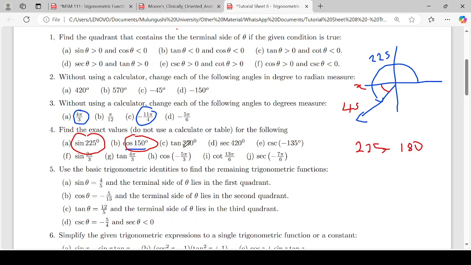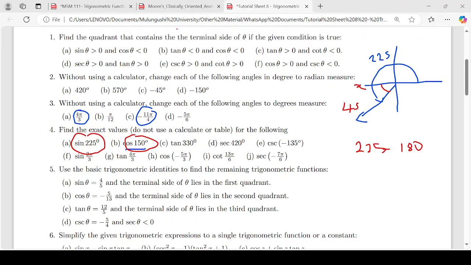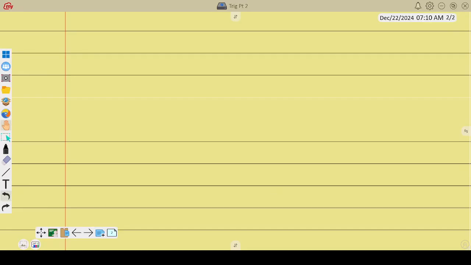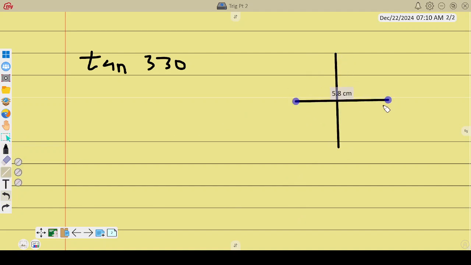And then tan 330. How do you do it? Okay, let's go back to our board. We've finished the space there. So tan 330, do you know where 330 is?